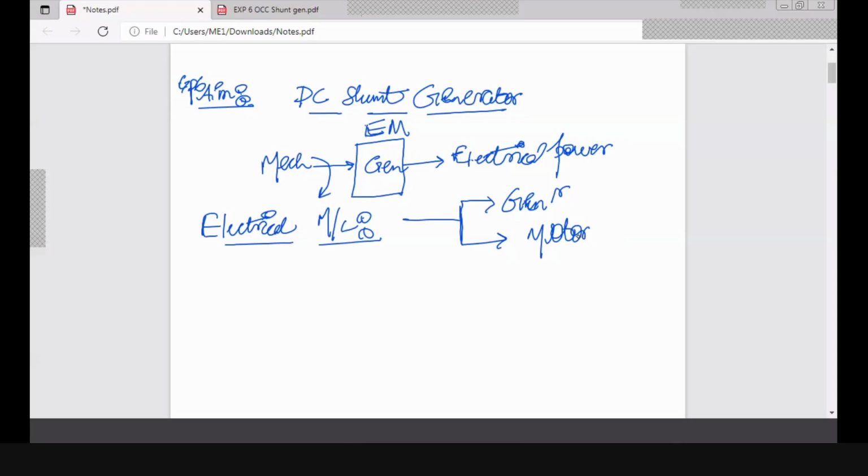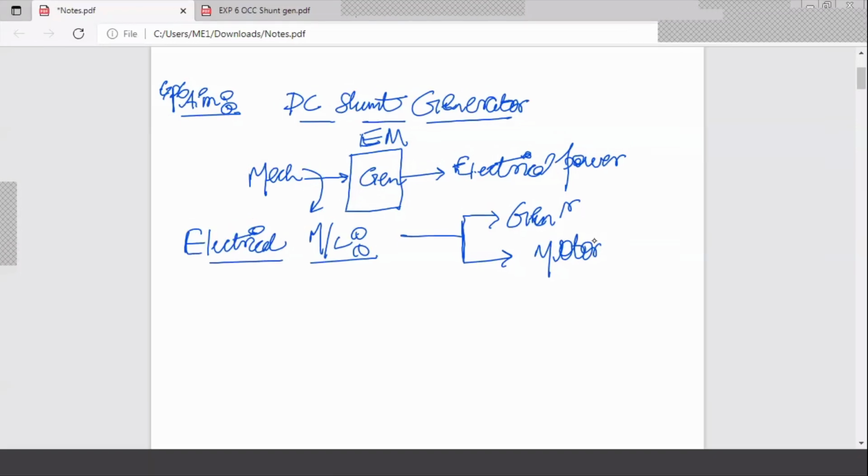Fine. Now we all know how a basic motor, a DC motor or a DC generator works. You all have studied the working of this DC machine. Remember, you have a current carrying coil which is placed in a magnetic field. What will happen?